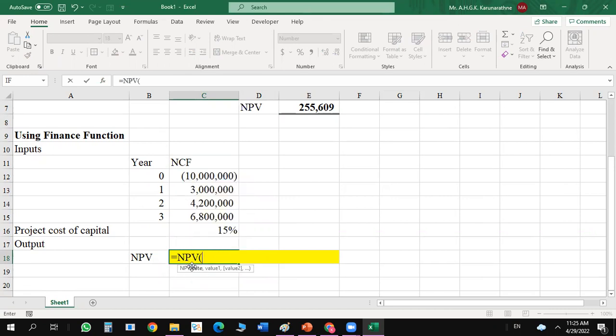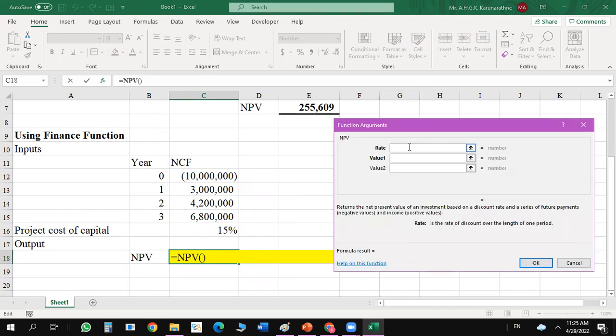Click on this NPV, then go to this dialog box and show the rate, and give the values. When it comes to giving the values, it is very, very important: give the values except the cash flow in year zero. Except year zero cash flows, you have to highlight all the other cash flows. Then say okay.